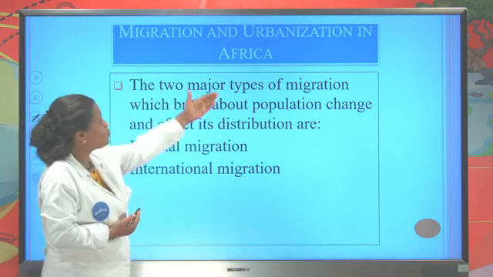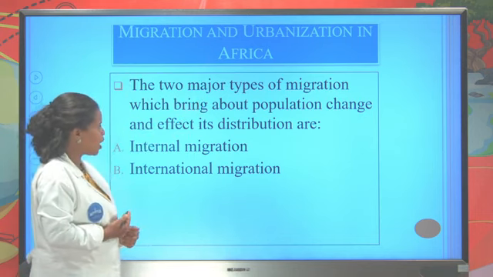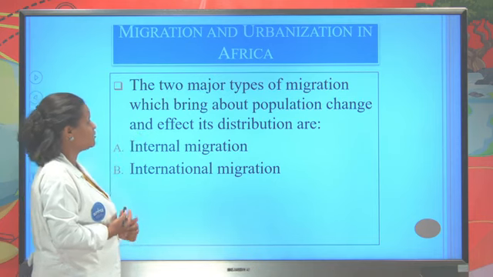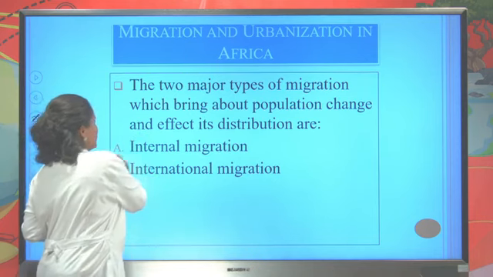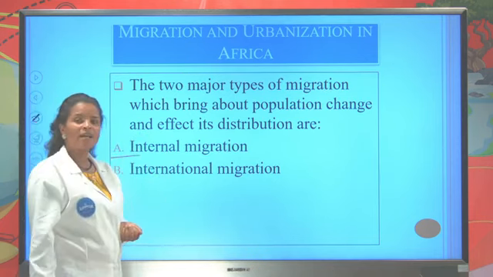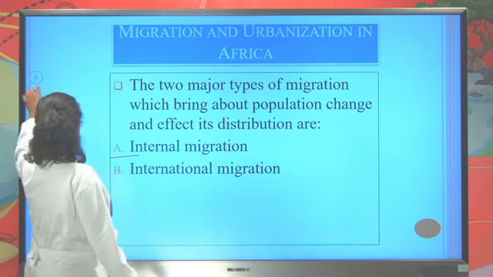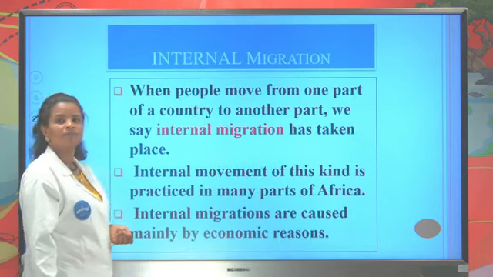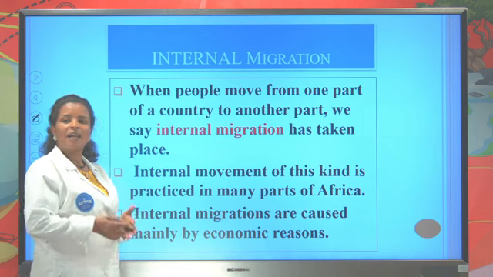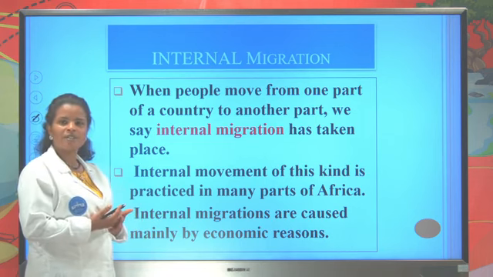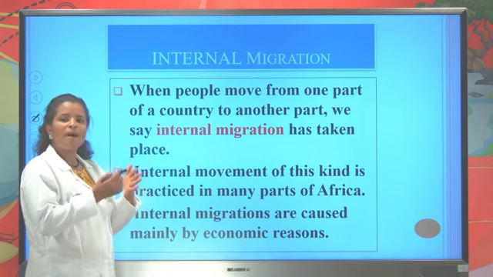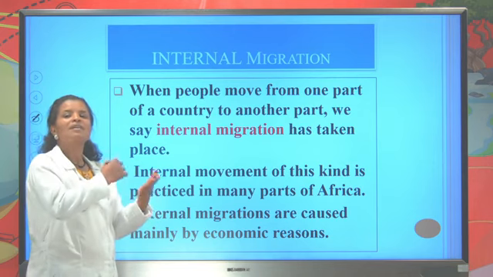The two major types of migration which bring about population change and effect are internal migration and international migration. Internal migration is the movement from one part of the country to another part.